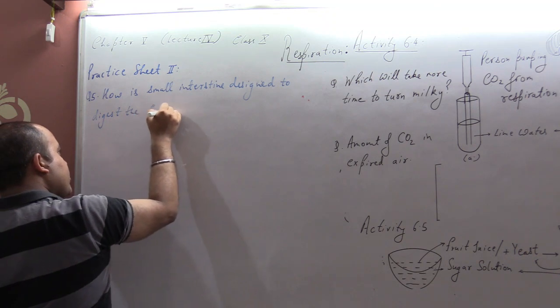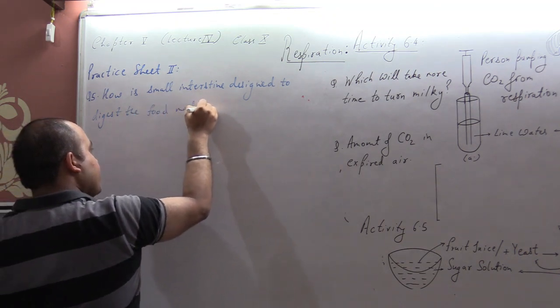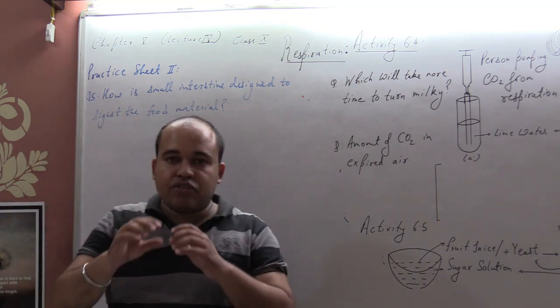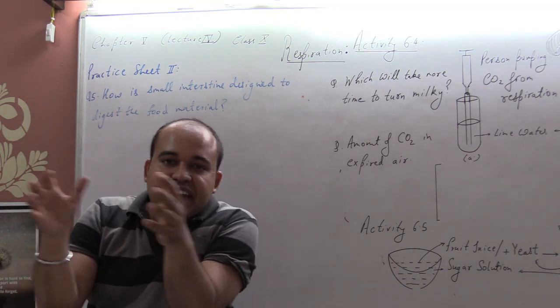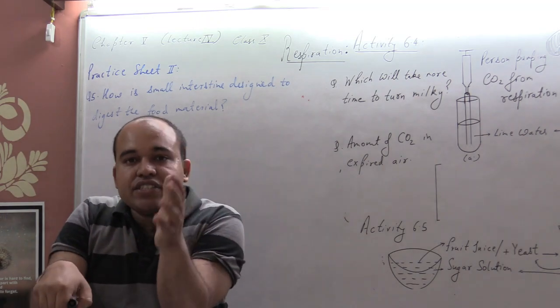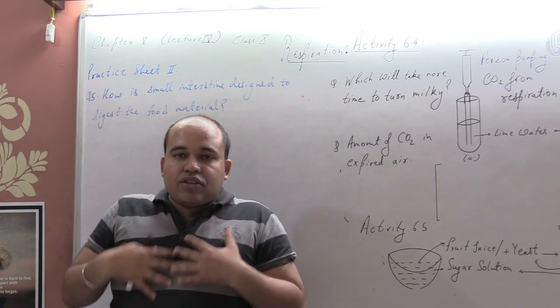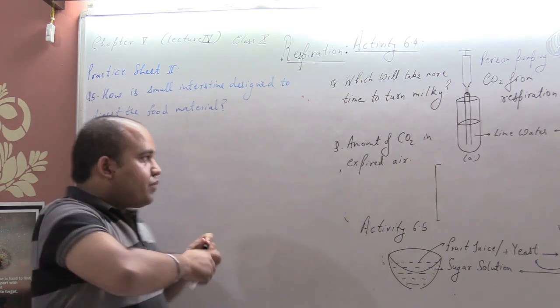The small intestine is highly elongated, but it is tightly coiled and packed within our abdominal cavity.